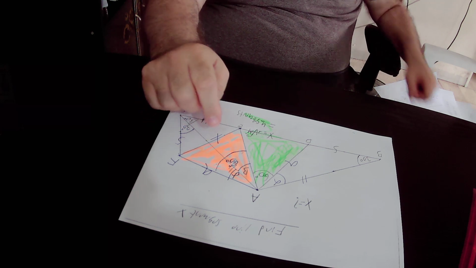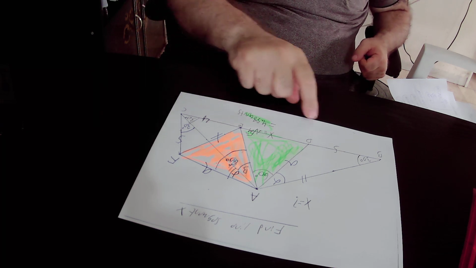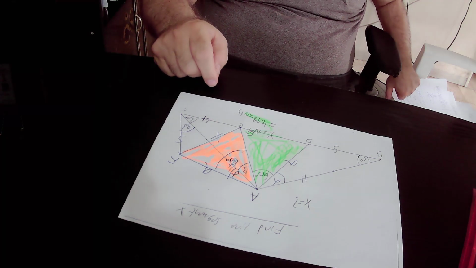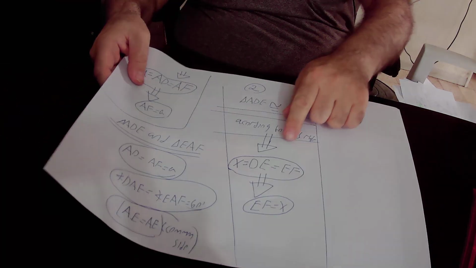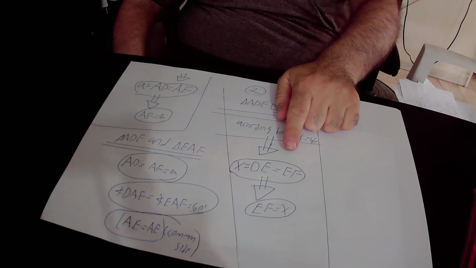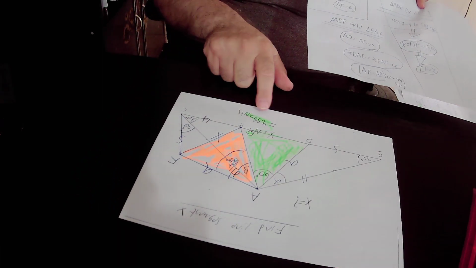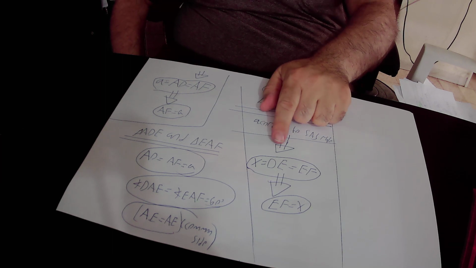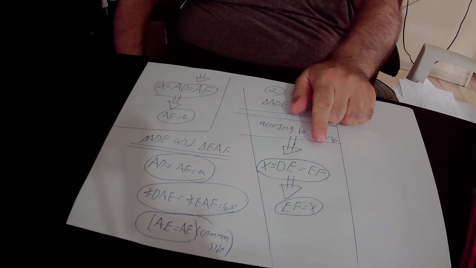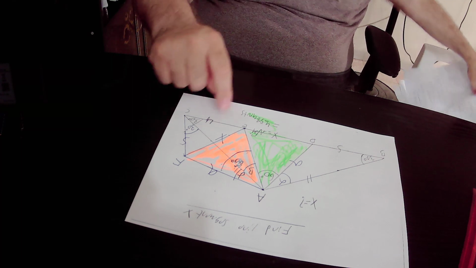And from this, we conclude that side DE in the green triangle equals side EF in the orange triangle, according to the same rule that corresponding sides in congruent triangles are equal to each other. But according to what is given in the question, side DE equals X. So from the equation X equals DE equals EF, we derive that side EF is also equal to X.